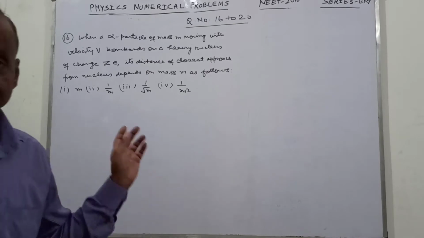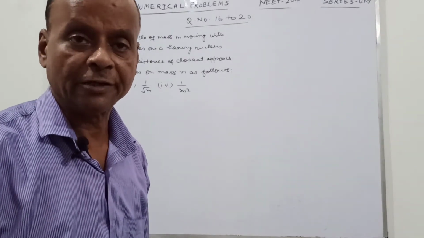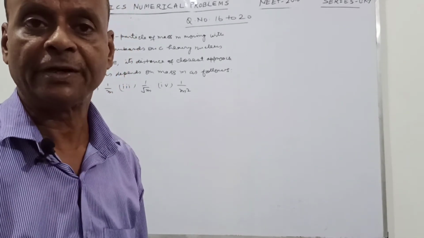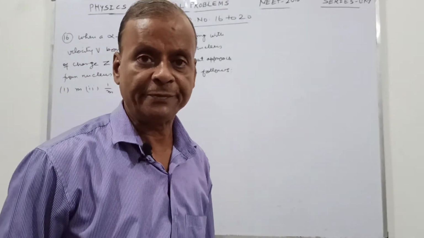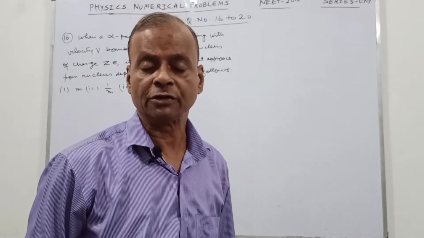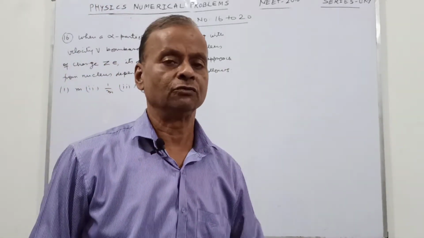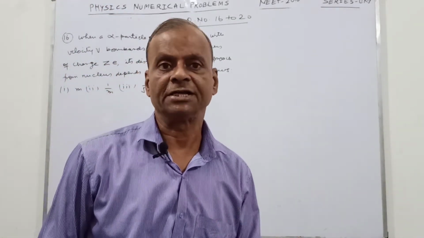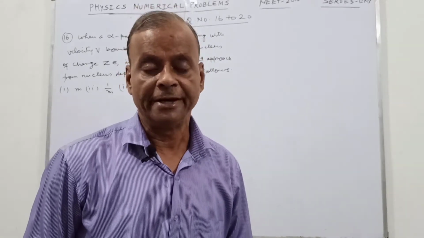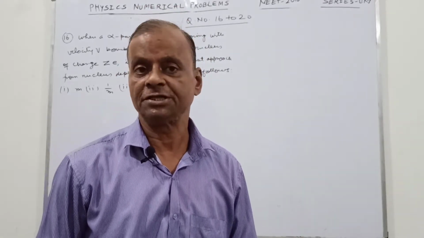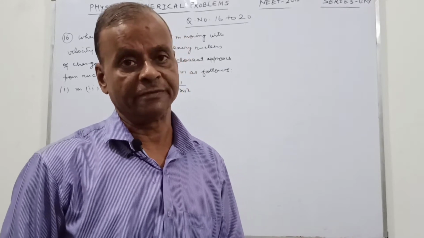So when you read this question, this will come to your mind that this is the alpha particle scattering experiment done by Rutherford. When the alpha particle reaches the nucleus, its kinetic energy goes on decreasing and potential energy increases, due to the force of repulsion between the two.